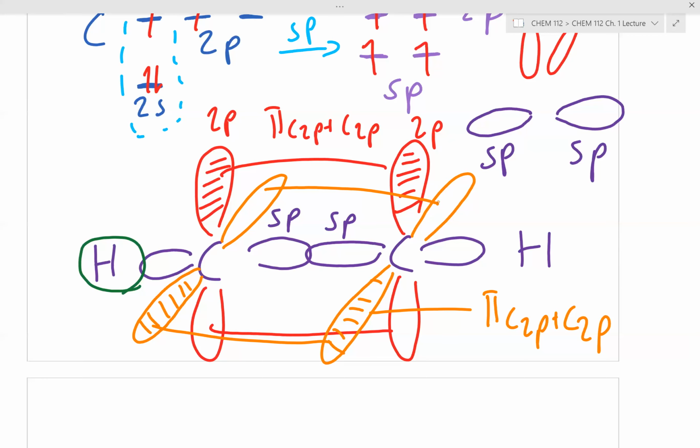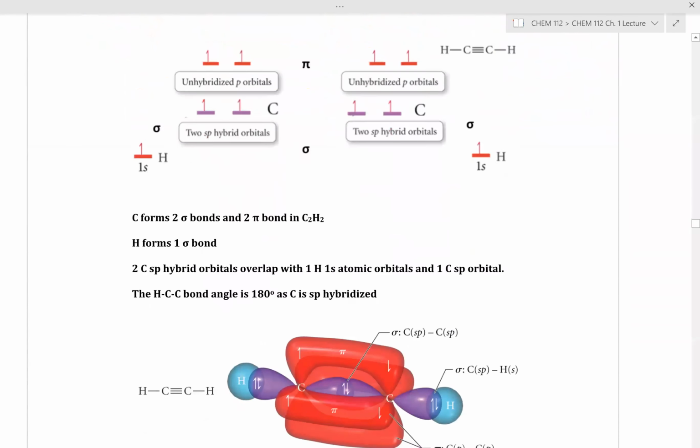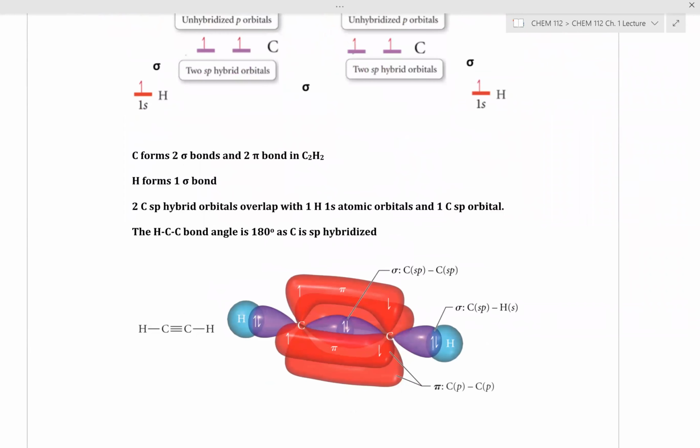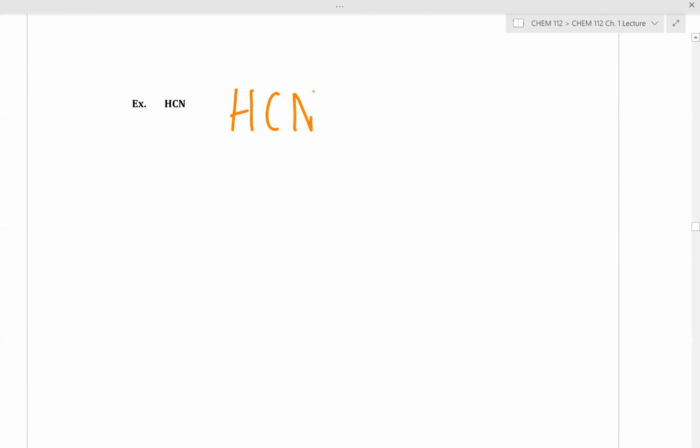What we're now going to do is start to assess molecular geometry, and we're going to start to draw Lewis structures and assign and draw orbital pictures for those Lewis structures. So let's take a moment and look at quite an infamous molecule, hydrogen cyanide, HCN.